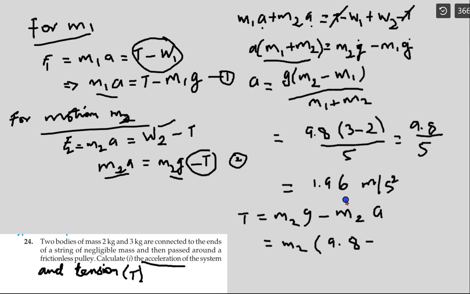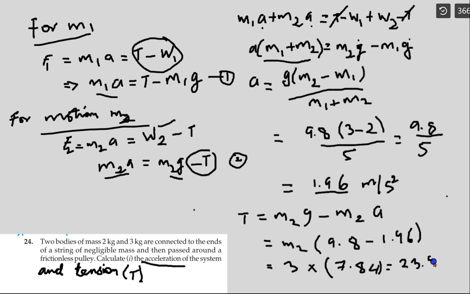Here we have A as 1.96. So M2 is 3 into (9.8 minus 1.96), which gives 7.84, and you can multiply these two and you'll get 23.5.